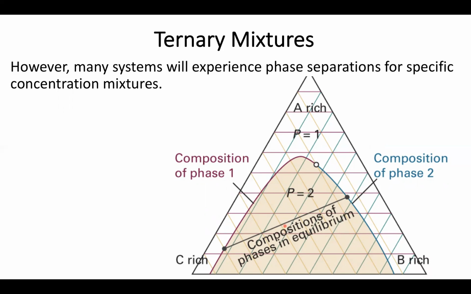So one of the easiest descriptions is, for example, a liquid mixture of A, B, and C. And what we're going to do is essentially divide our graph into 2 major regions. One, where everything is completely miscible.